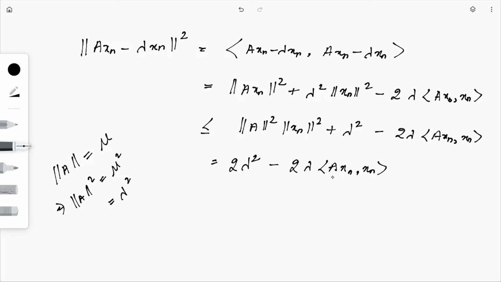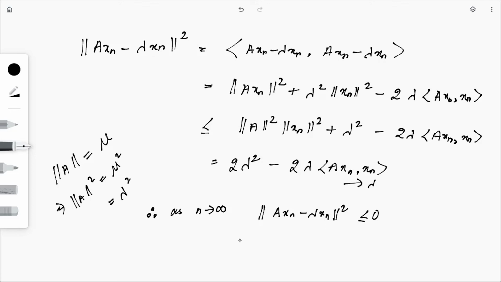Now we have supposed that inner product AXN, XN tends to lambda. So as n tends to infinity, this term tends to lambda, so I get 2 lambda square minus 2 lambda square, that is 0, right? So I get norm of AXN minus lambda XN square will be less than or equal to 0.